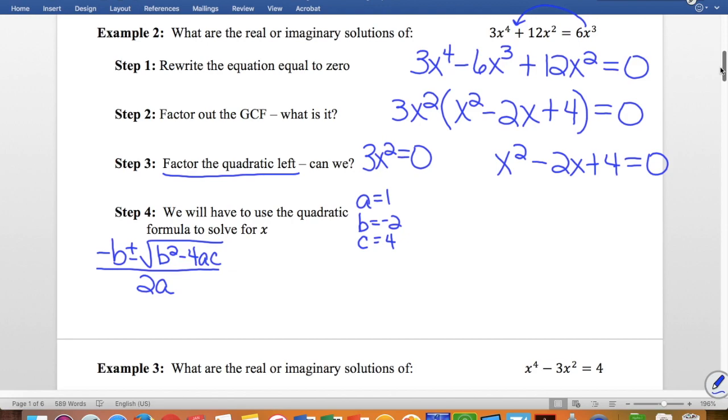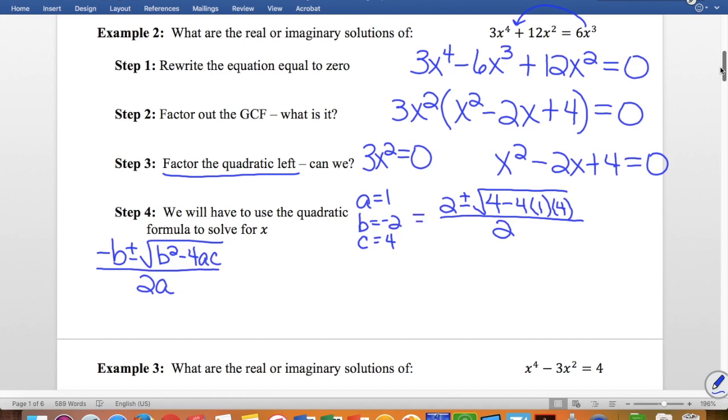So using the quadratic formula, the opposite of b is positive 2 plus or minus, well, b squared, negative 2 times negative 2 is positive 4, minus 4 times a times c, all over 2 times a, which is 1, so all over 2, because 2 times 1 is 2.